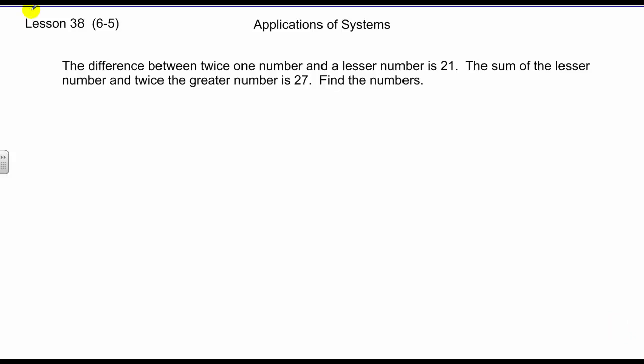So let's go ahead and talk about the lesser number and the greater number. I'm going to call the lesser x and the greater y. And it says the difference between twice one number and the lesser number. So twice one number and the lesser number, it's a difference, so that guy's going to go second, is 21.